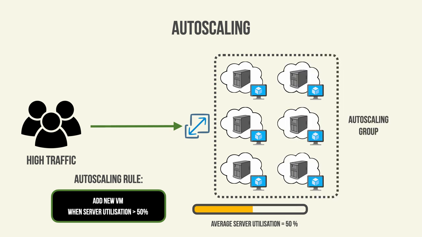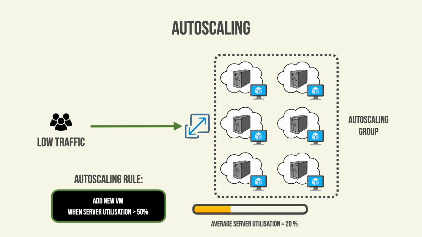It automatically adds more cloud servers, such that the rule is not obeyed anymore. Now the average server utilization is only 50%, so it won't auto scale any further. Now, what happens when traffic decreases?